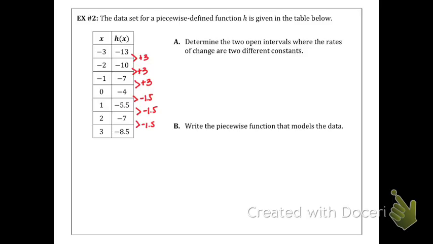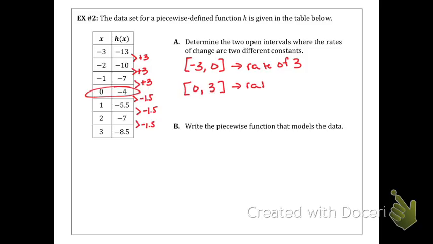So we can see that right here is the point at which it's going to overlap. So determine the 2 open intervals. It's from -3 to 0, a rate of 3. And then from 0 to 3 has a rate of -1.5.